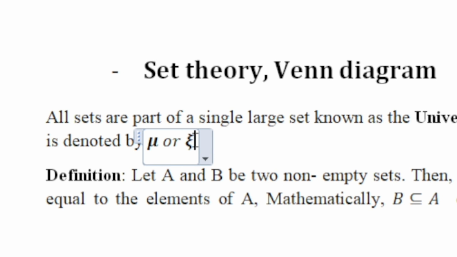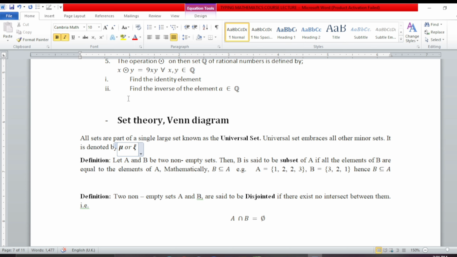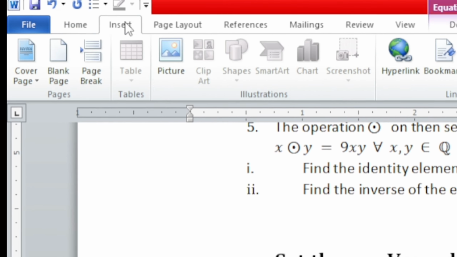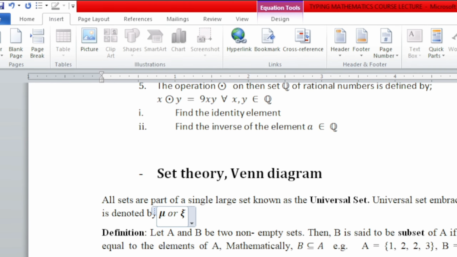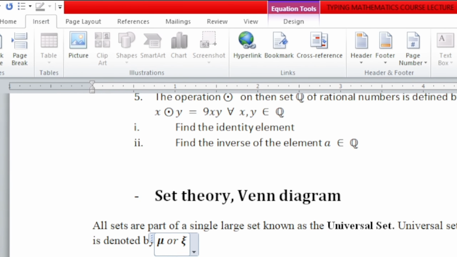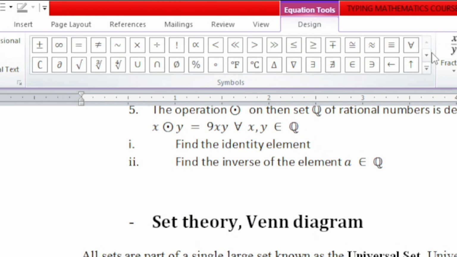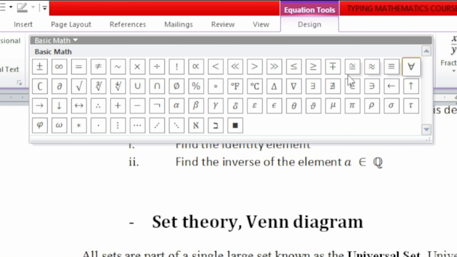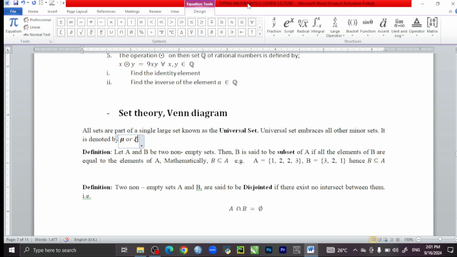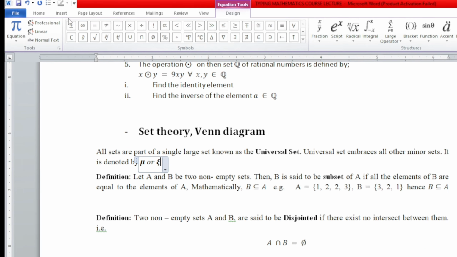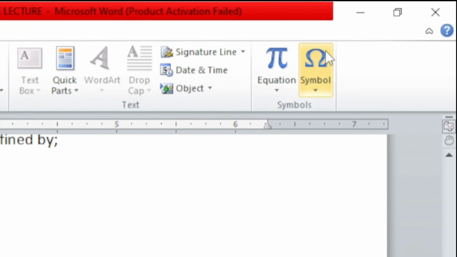Now for this one, I don't know the name, so I have to check my inserts. First of all, you have to check your designs and see if that shape is in your default settings. But I can't find it here, so I'll rather go check it from my symbols. Those are the two ways you can get your symbols.